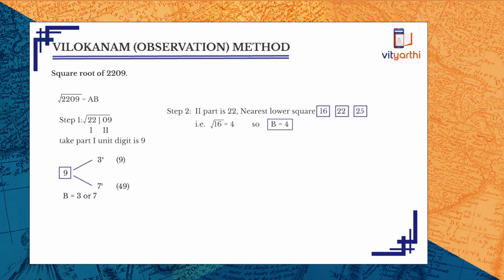So the value of A is 4. Now take the middle value of 43 and 47. It is 45. Find the square of 45. It is 2025. 2025 is less than 2209. Therefore, 47 will be the square root of 2209.